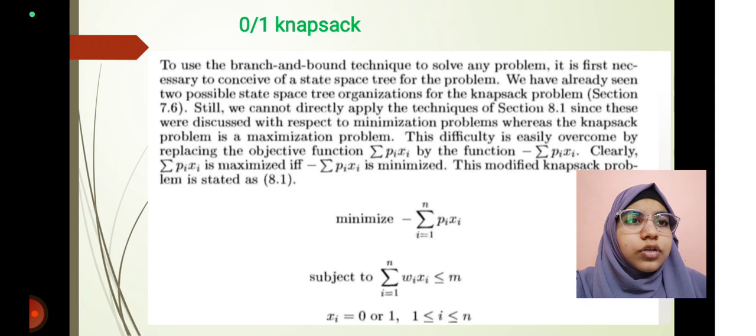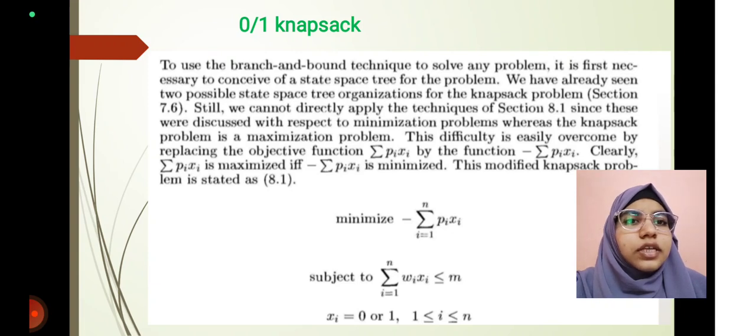Next, the 0/1 knapsack problem. To use the branch and bound technique to solve any problem, it is first necessary to conceive of a state space tree for the problem. We have already seen two possible state space organizations for the knapsack problem. Still, we cannot directly apply the technique, since these were discussed with respect to minimization problems, whereas the knapsack problem is a maximization problem. This difficulty is easily overcome by replacing the objective summation pi xi by the function minus summation pi xi.